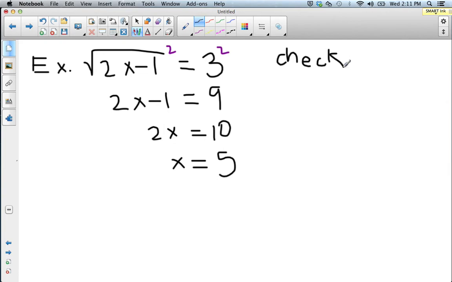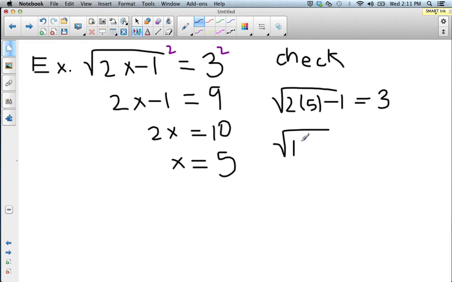It's my kindergartner handwriting here. Square root 2 times 5 minus 1 equals 3. So I'm going to work out what's under the radical first. We get square root of 10 minus 1 equals 3, which is square root 9 equals 3.